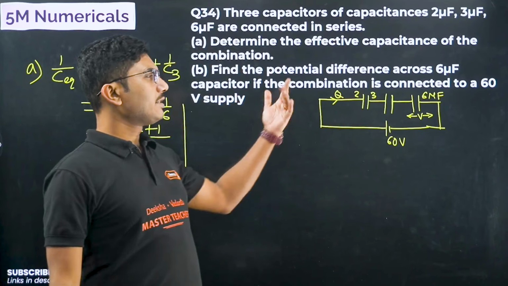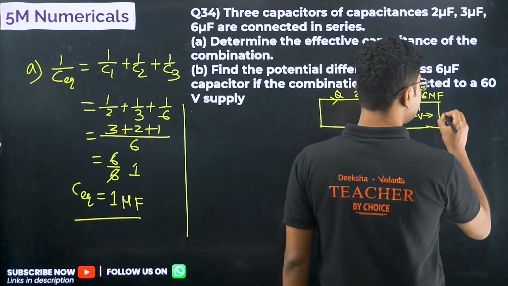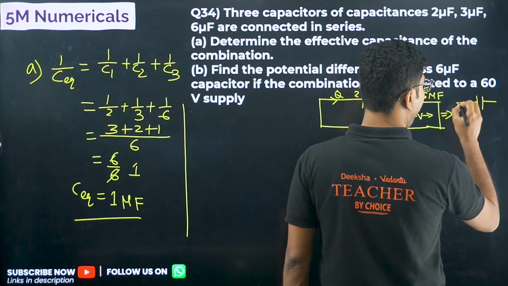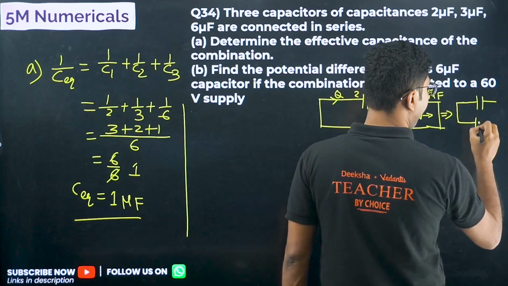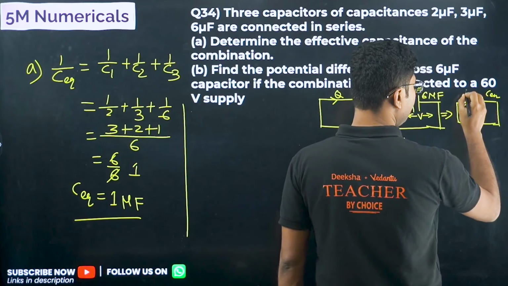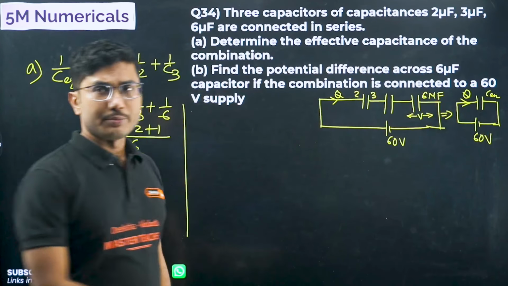Charge in a series combination remains constant. So if we replace this circuit using an equivalent capacitance circuit, the charge should be the same.